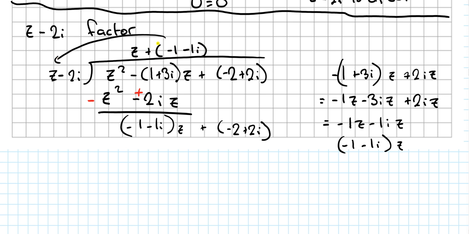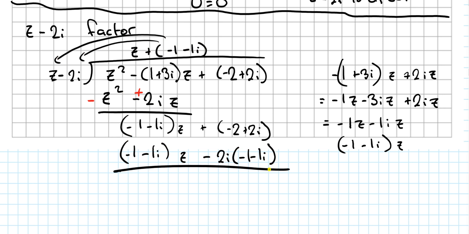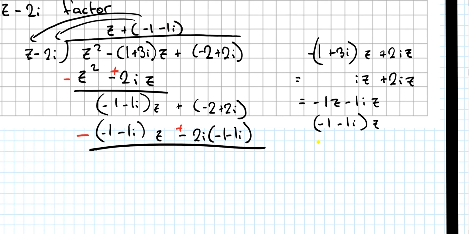And this by this by this. Minus 1i z, minus 2i by minus 1i. Just change the signs. This first one definitely goes to 0. It's the second one that I just want to check out. Minus 2 plus 2i. Minus 1.